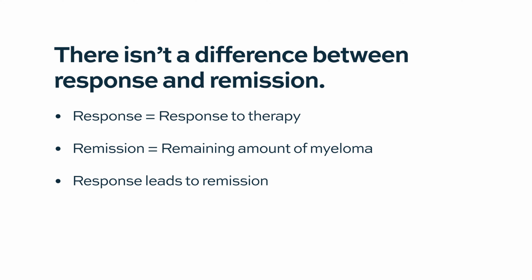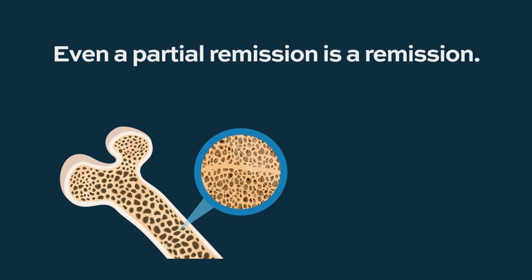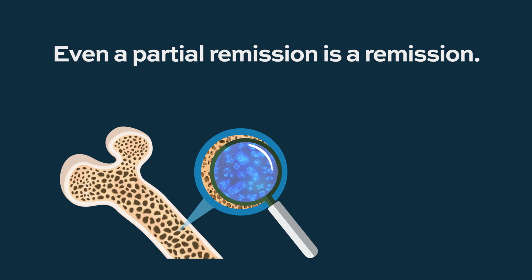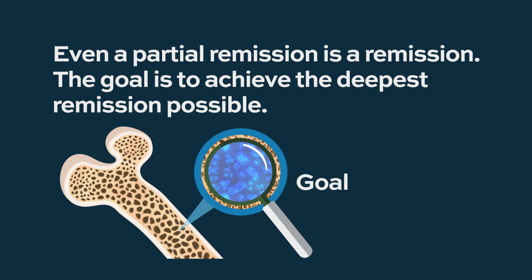And I personally tell my patients, and it might be a little bit more philosophical than the research question, that even a partial remission is a remission, and even a minimal remission or minimal response is a remission. Of course, we want to achieve the deepest remission possible because that's the closest to a cure we can come. But I think even achieving a reduction, especially in later lines of treatment, is helpful.